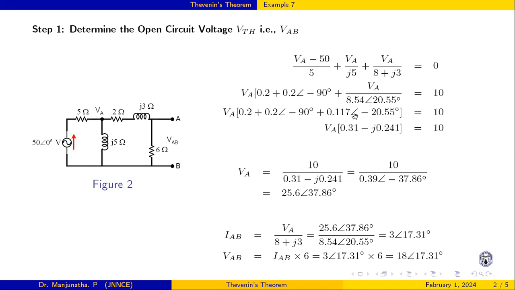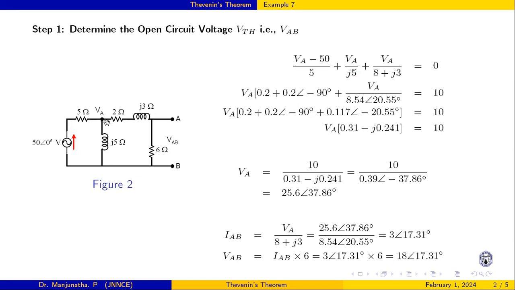Then after polar and rectangular simplification, VA is equal to 10 divided by 0.39 with angle 0.2786. Dividing 10 by 0.39 gives 25.6, and the phase angle comes from the numerator.